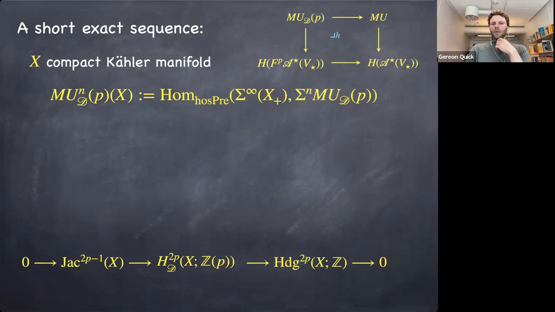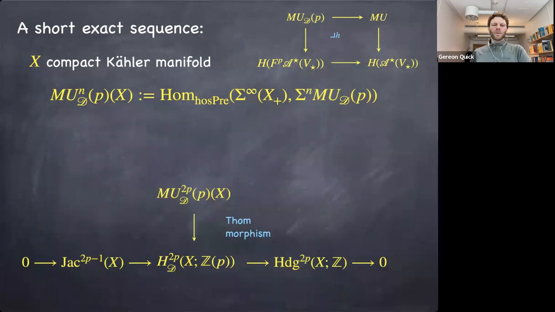And now we have again a homomorphism: if we look at the elements in degree 2p, then the map from MU to singular cohomology induces a map from Hodge filtered complex cobordism to the Deligne cohomology. So that's just exploiting the functoriality and the existence of the map from MU to HC.